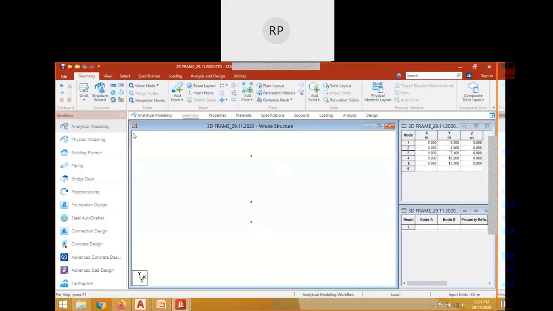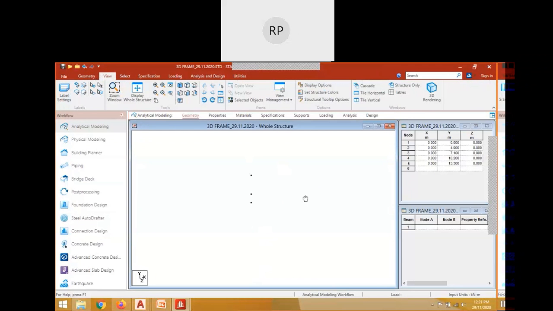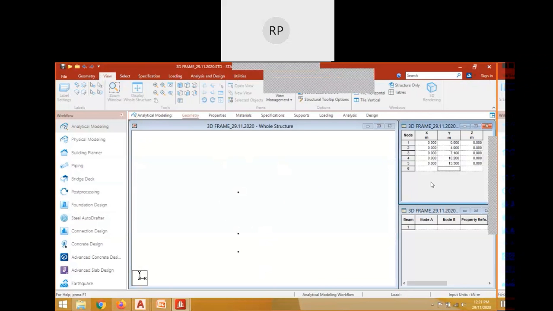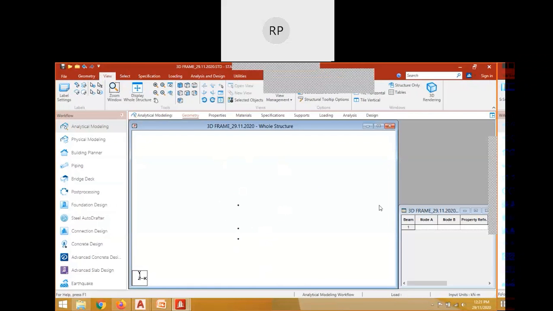So let us check whether all our points are there or not. For that you just go to View, 3D view of the structure. Okay, is it visible to you? I'm not seeing any additional points.